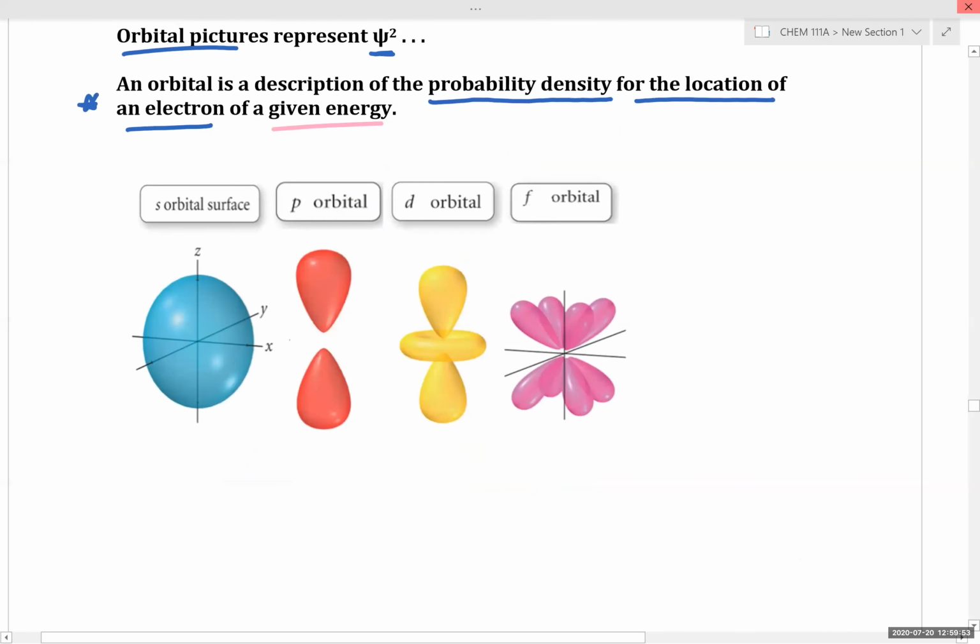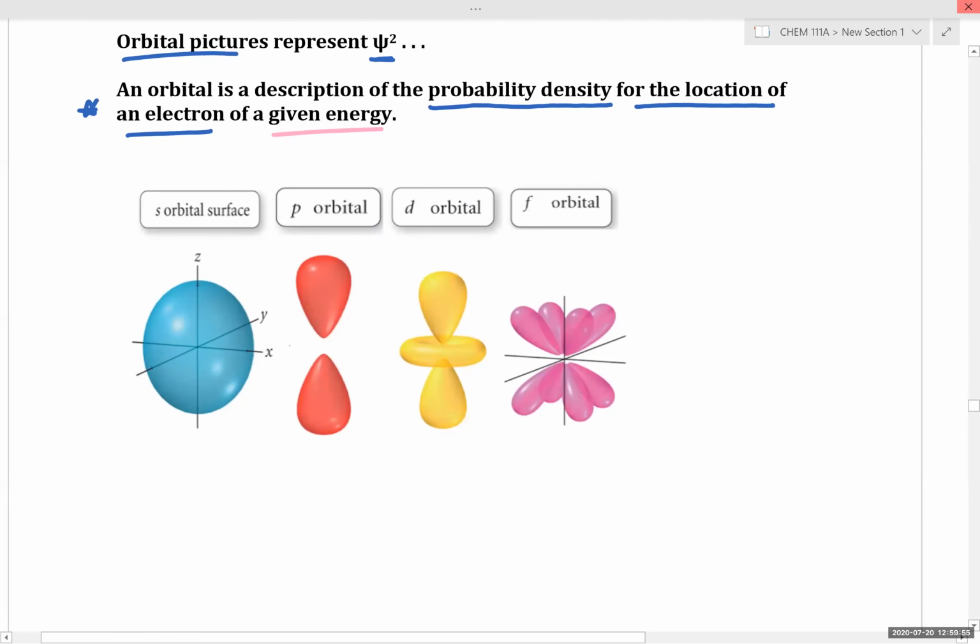Does this make sense so far? I find when you start looking at the wave function pictures, it makes things a little more tangible. It really helps you visualize this idea of a probability density or a region of space where an electron is likely to be located. Can I get some responses in the chat? Is everyone somewhat comfortable with this idea?